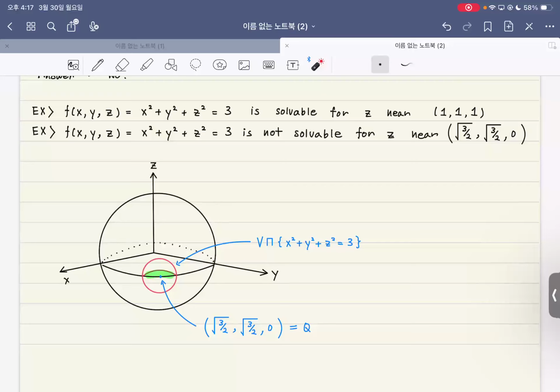How can I be mathematically precise when I say my graph is vertical? Your graph is vertical at this point if and only if the tangent plane of this level set at this point is vertical. And what do I mean by a plane being vertical? A plane is vertical if and only if the normal vector of the plane has 0 z component.